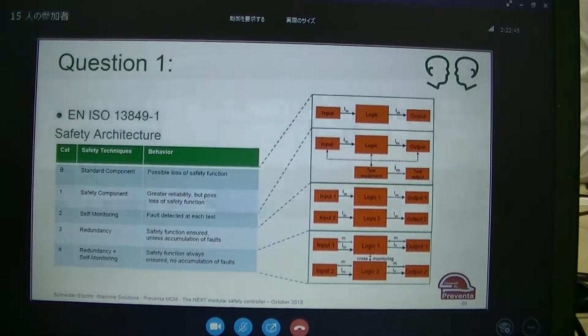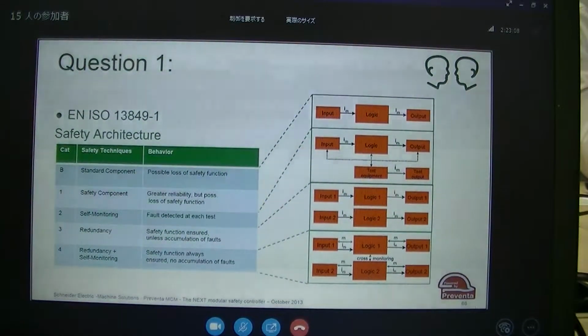We have 5 different failure modes. What we can monitor if we have plus 12 volts here and minus 12 volts here: we can detect the short circuit between each other.